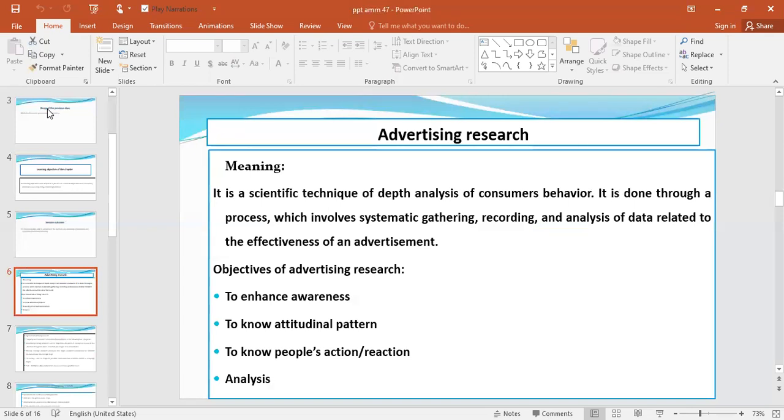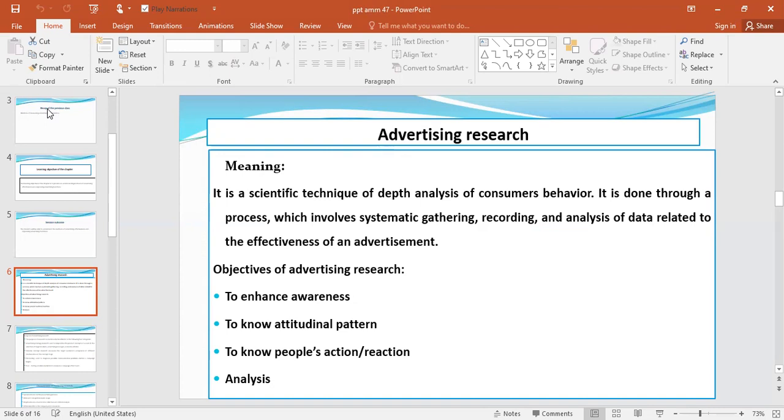It is a scientific technique of depth analysis of consumers' behavior. It is done through a process which involves systematic gathering, recording, and analysis of data related to the effectiveness of an advertisement.